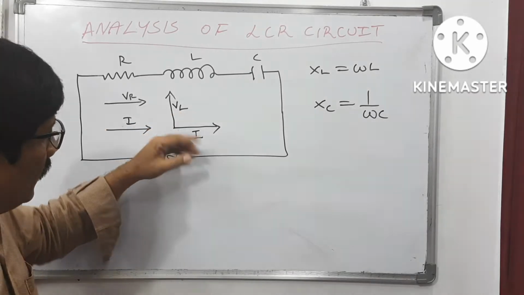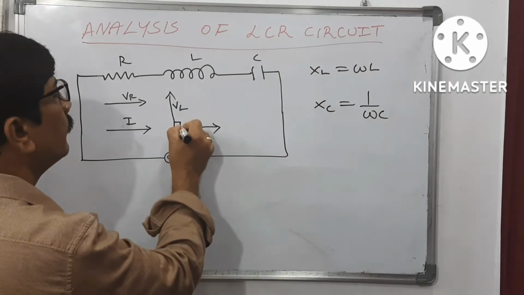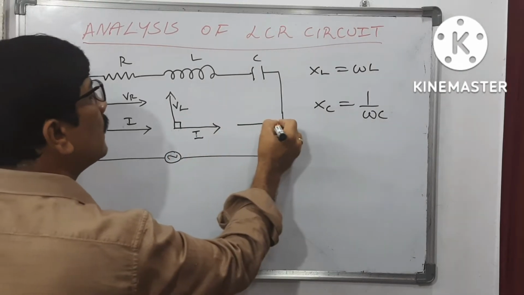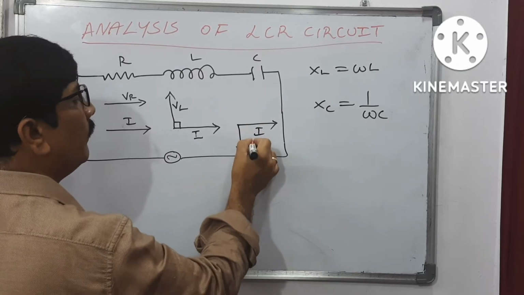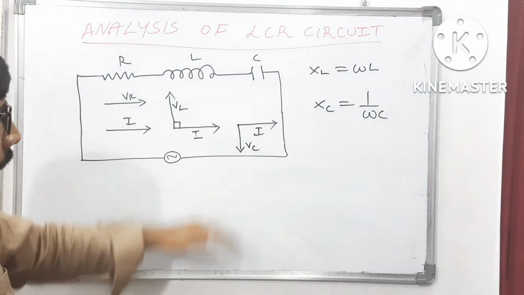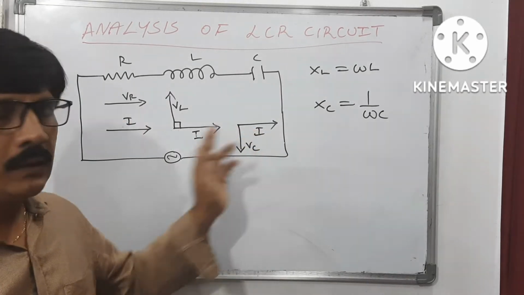That means voltage is ahead of current by 90 degrees. But in case of capacitor, the same current passes through it, but the voltage is VC. The voltage is behind the current. This you already know.